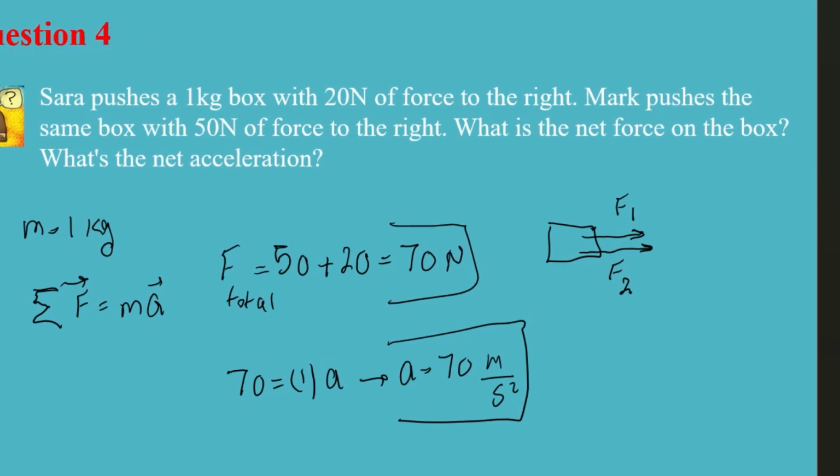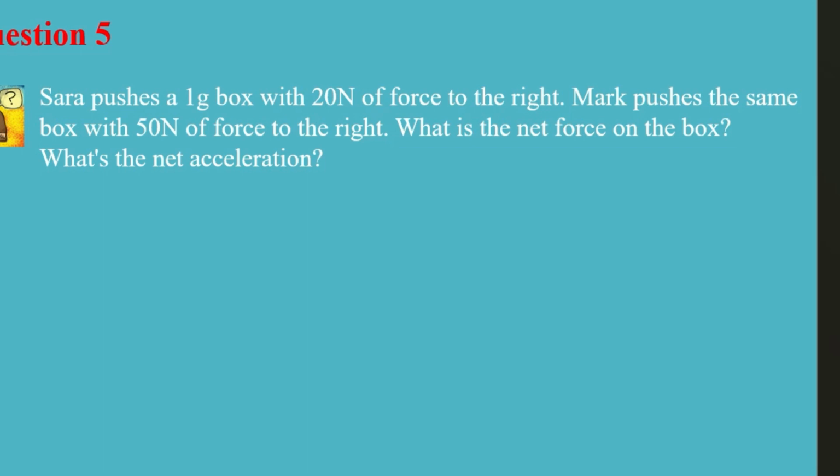Now let's look at another example that is similar to this. Here again, Sara and Mark push the box in the same direction. My F1 is 20, my F2 is 50, but here my mass is 1 gram. So please pay attention to units.